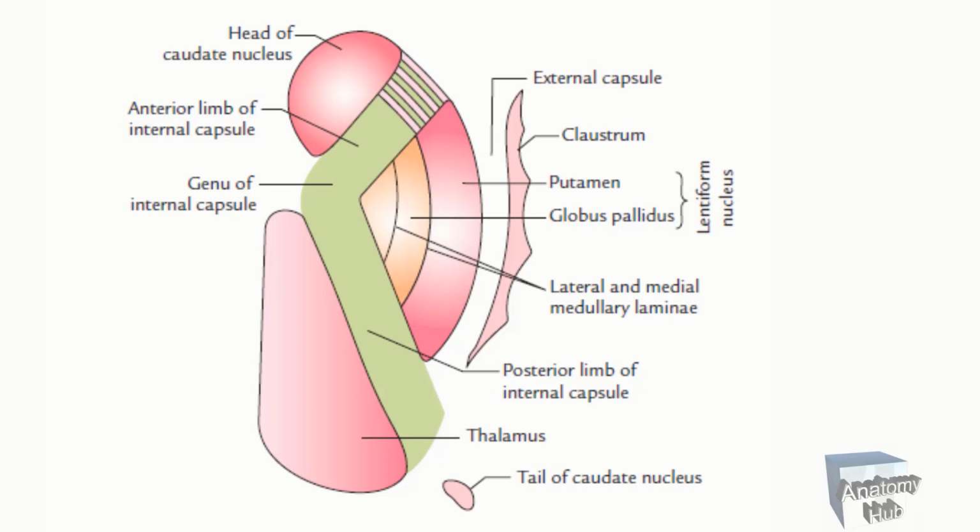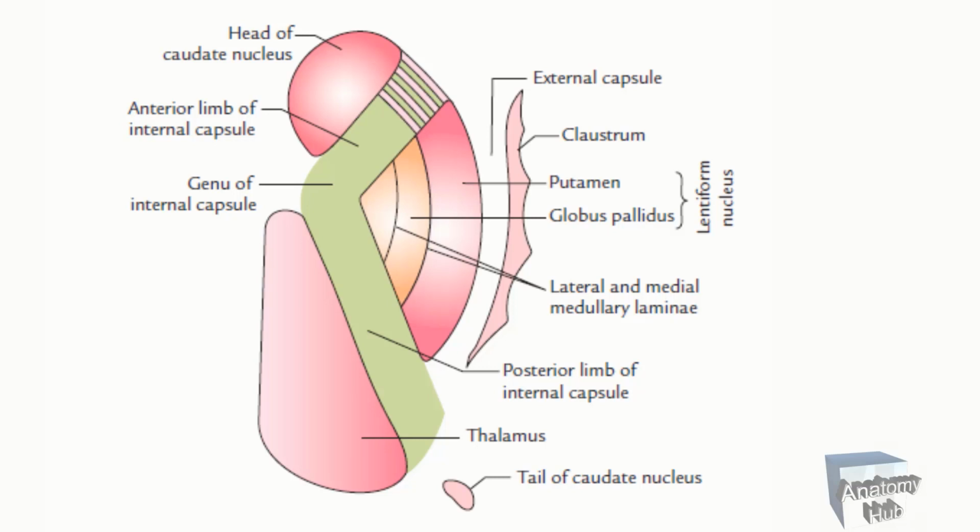Surfaces. The lateral surface is convex and related to thin sheet of white matter, the external capsule. It is grooved by lateral striate arteries, the central branches of middle cerebral artery.